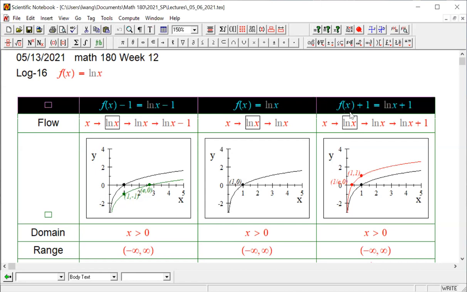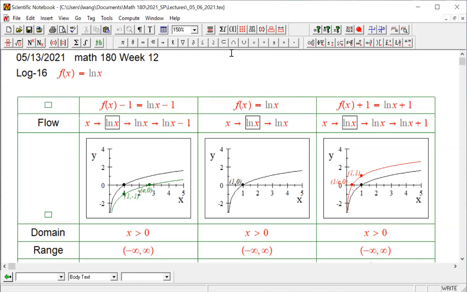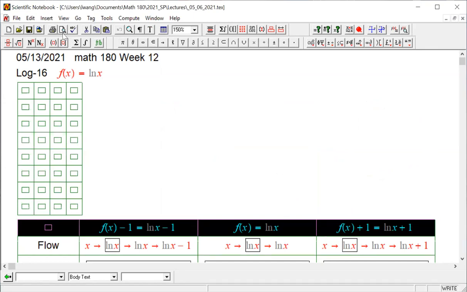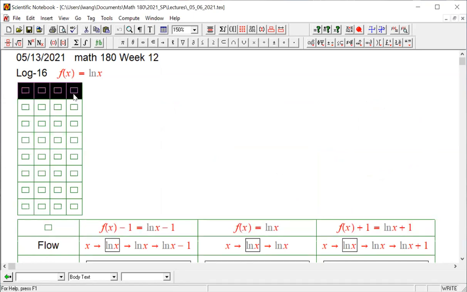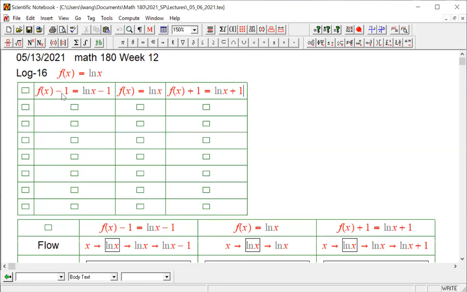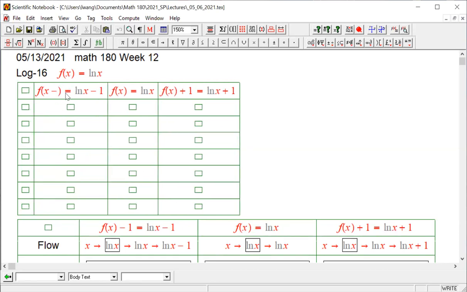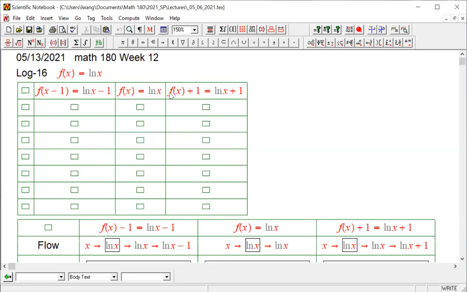Okay, and the next one, I'm going to make another table. So I'm going to spell out the task. And this time, the minus 1 is inside. The plus 1 is inside.